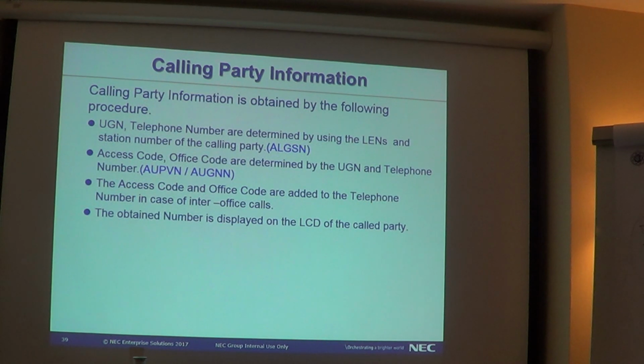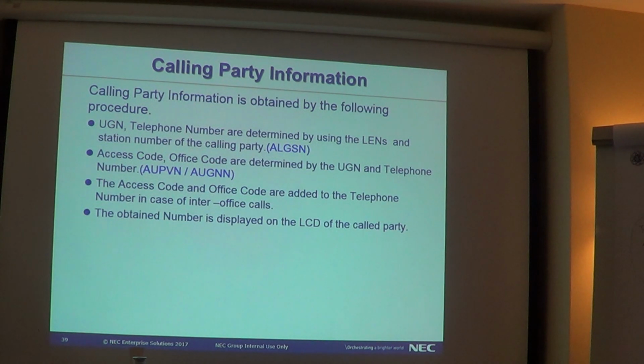That means my telephone number is assigned by the ALGSN. Access code, office code, determined by the user group number and the telephone number, which is AU-BVN and AU-GNN. The access code and the office code are added to the telephone number in case of inter-office or inter-location dial. The obtained number displayed on the LCD is the called party number.